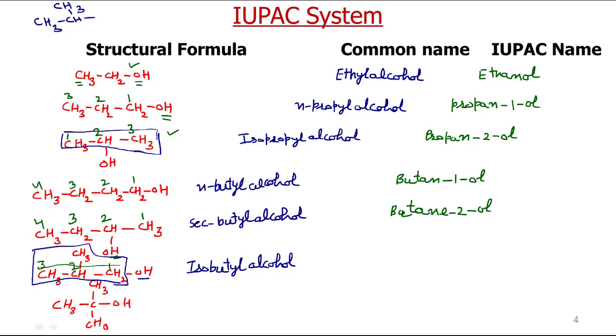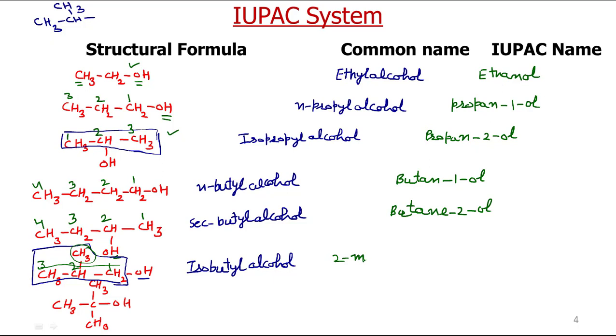So now the longest chain contains 3 carbons, and we also have to identify the substituents. We have a methyl group substituent at the second carbon atom. So first we will write the name of the substituent as a prefix. So it will be 2 methyl.